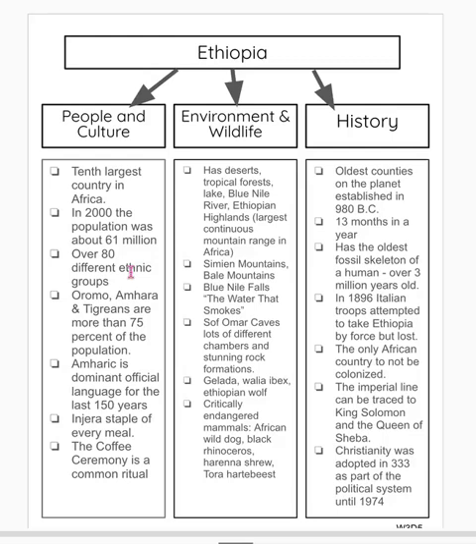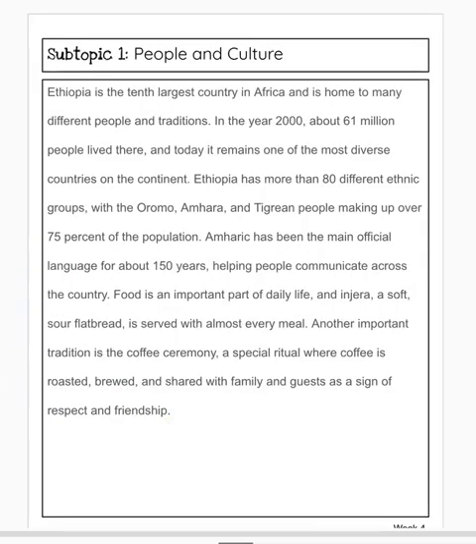And I want to make sure they have enough information so that they have enough to write a full paragraph. So after they do their note taking, and they have 5 to 7 different facts here that they've collected on each of their subtopics, that's when they start to put it into a paragraph.